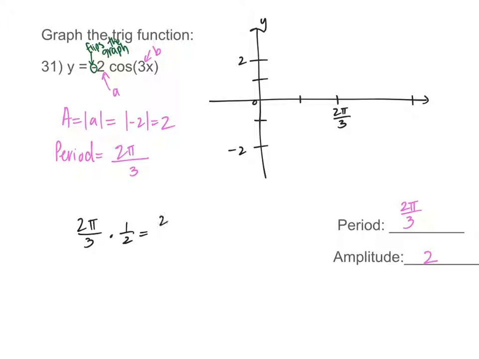And so this would be 2 pi over 6, and if you reduce it, that's going to be pi over 3. And then you could create the other tick markers, but for now I don't really need them. It really just helps if I know where the middle mark is and where it extends to. So 2 pi over 3 is where it extends for a full period.